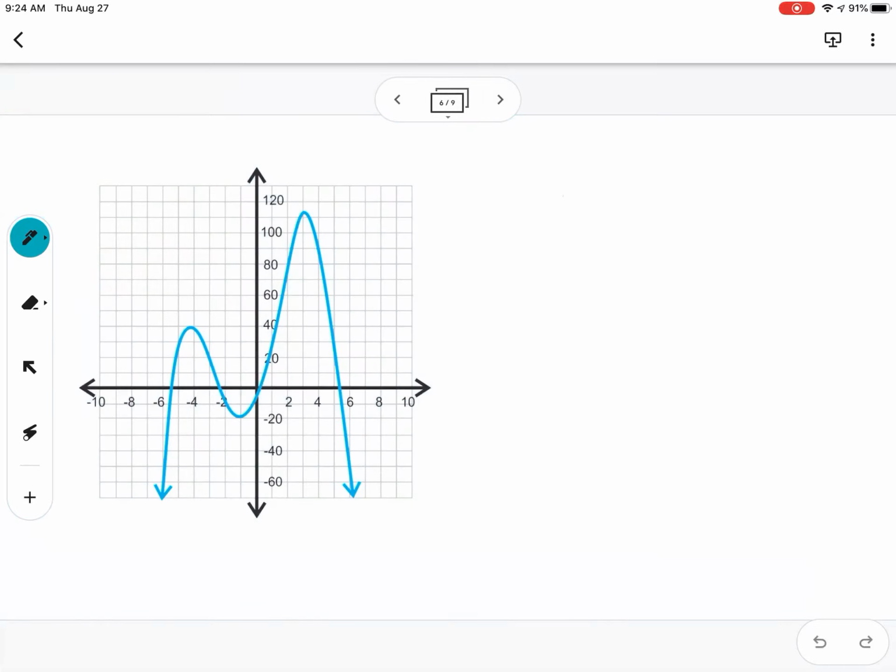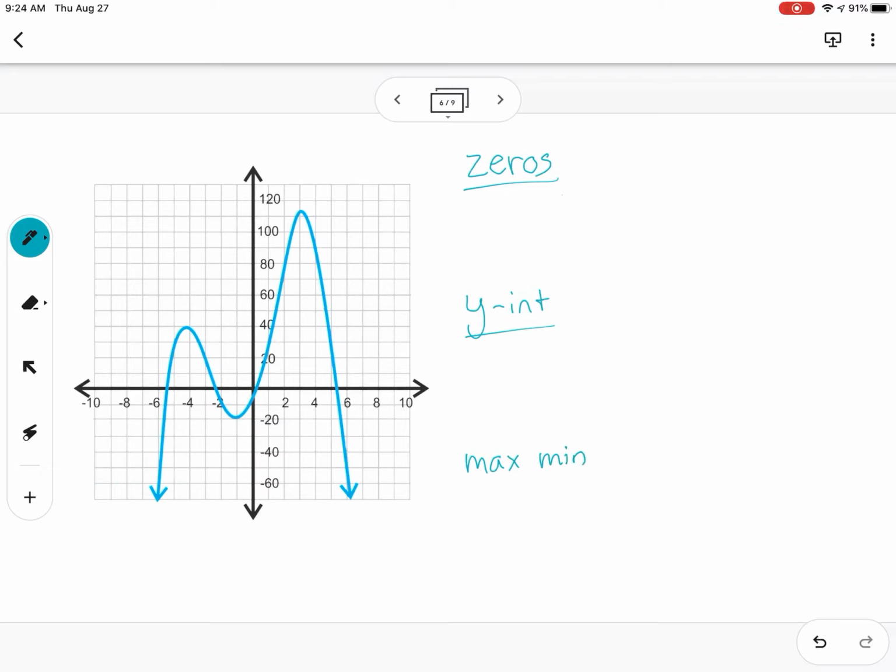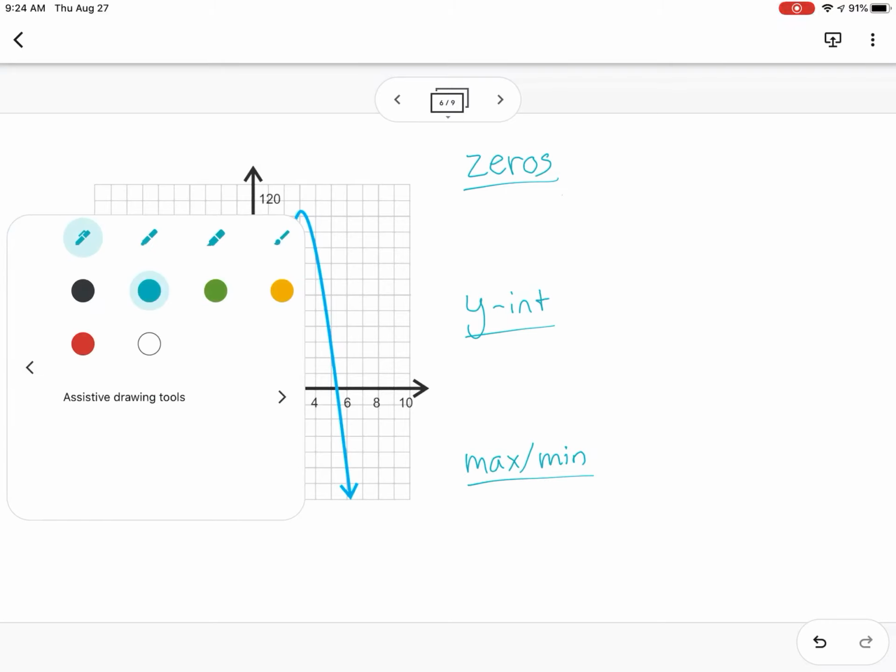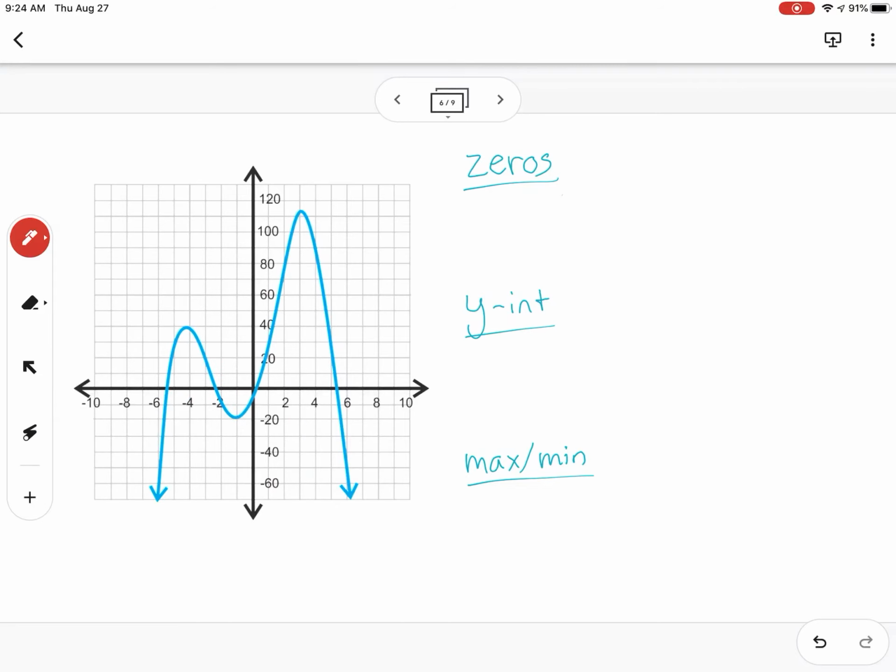What we're going to do is look at a few graphs and just go over the three different things. So we'll look for zeros, y-intercepts, and we'll look at the maxes and mins that we have. And we're just going to look at all three of those. So for zeros on my graph here, I have 4 of them: 1, 2, 3, 4.